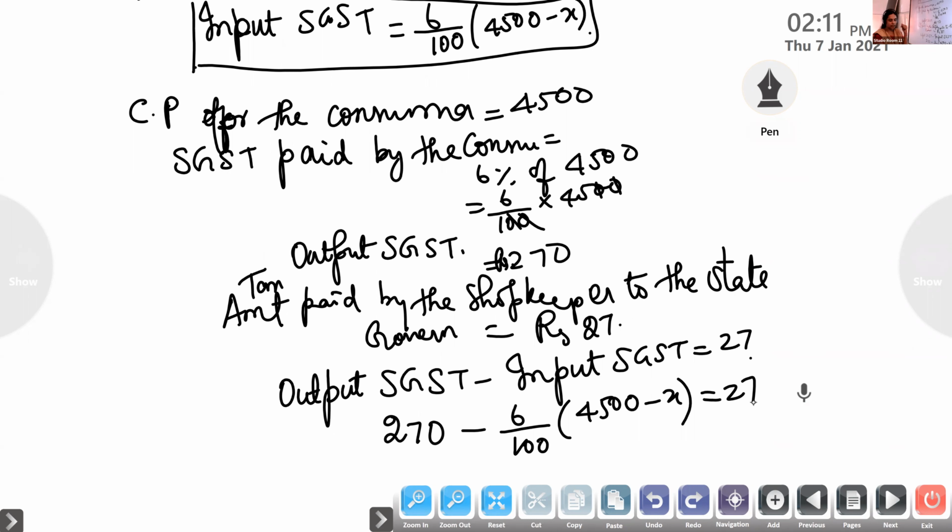After finding the discount, our aim is to find the discount rate. So first find what the discount is.